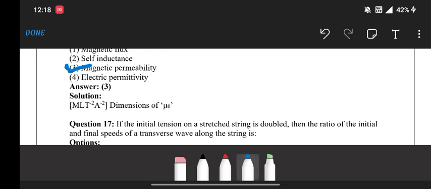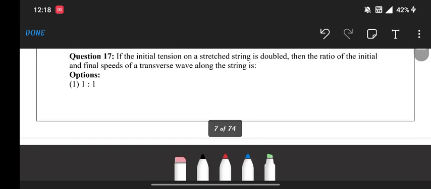Moving on to our next question, that is question number 17. Here they asked, if the initial tension on a stretched string is doubled, then what will be the ratio of the initial and final speed of the transverse wave along the string?